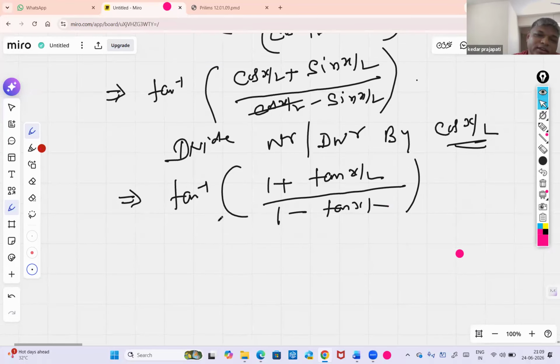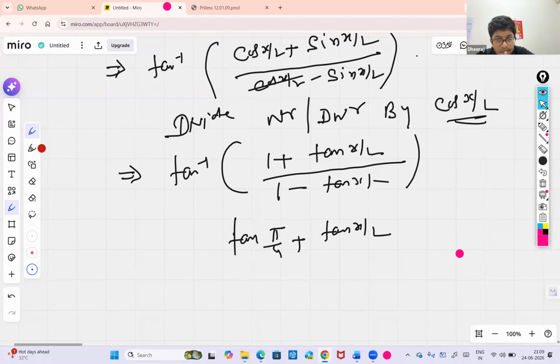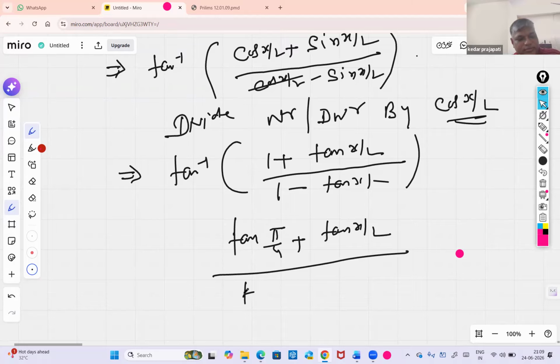Now we have to simplify this. 1 you can write as tan pi by 4, plus tan x by 2, divided by 1 minus tan pi by 4 into tan x by 2.